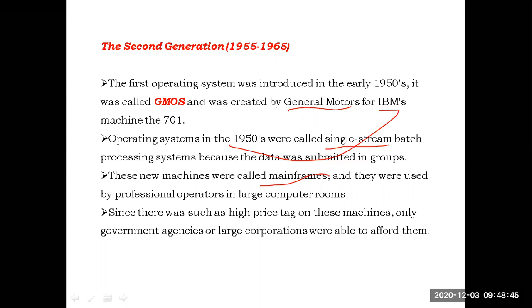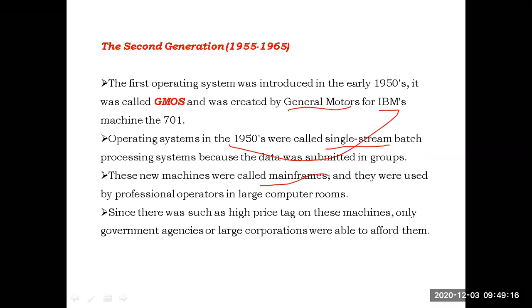That's why the operating systems in the second generation are known as single stream batch processing systems. Why? Because they will accept the jobs only in the form of batches. And the second generation machines are called the mainframes, and they are very large in size, and only computer professionals can operate those machines.